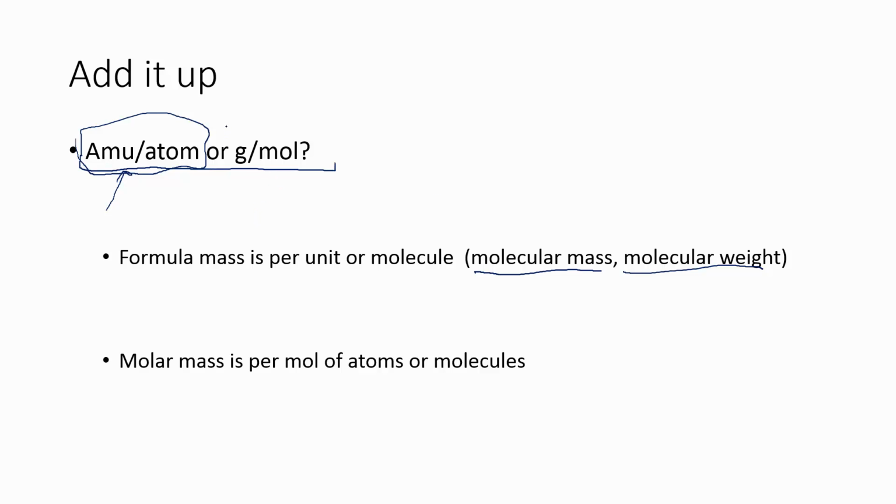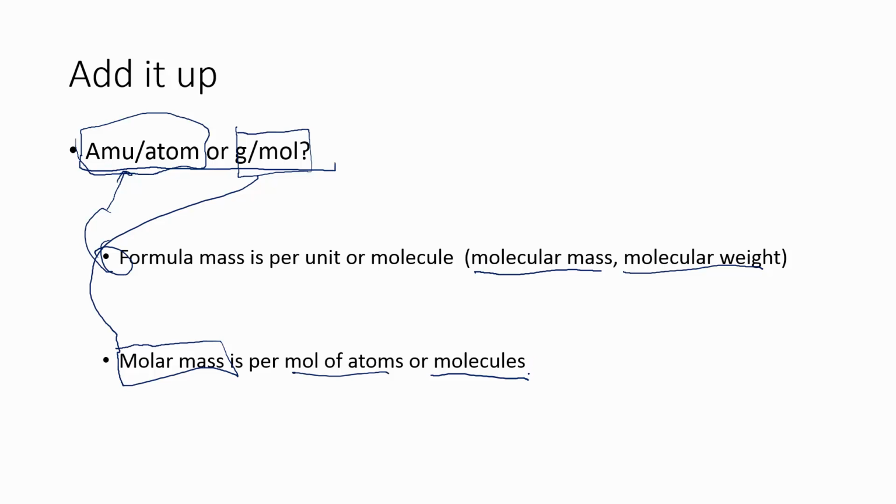Now, if we want to talk about the grams per mole ratio, then what we're looking at is called the molar mass, the amount of grams per mole of atoms or per mole of molecules.